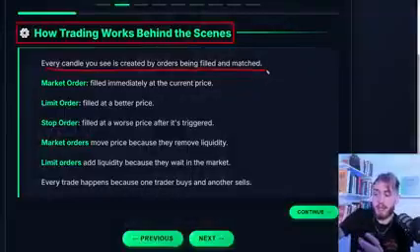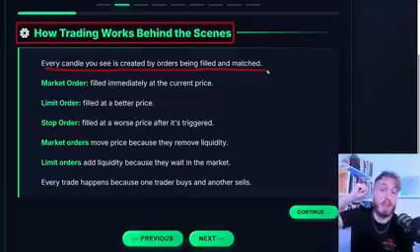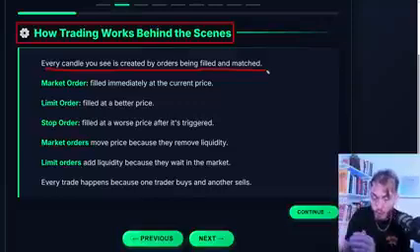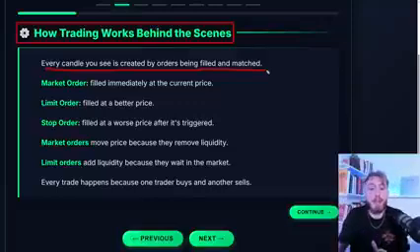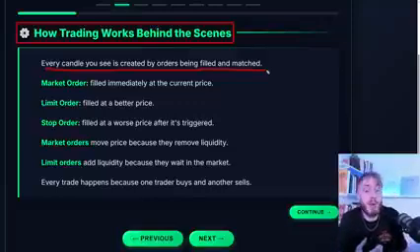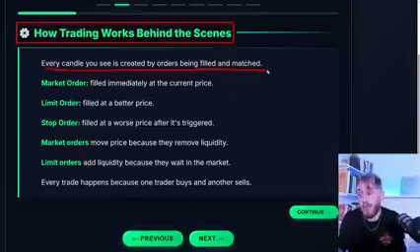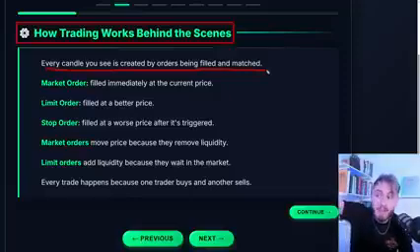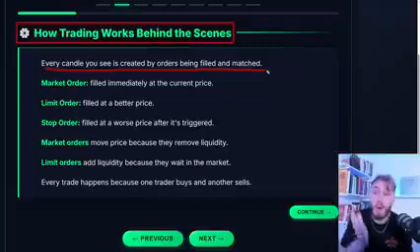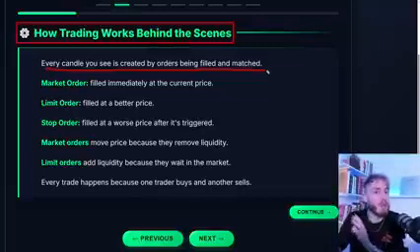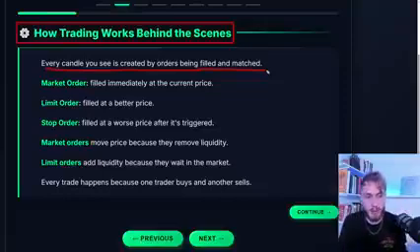All of the candles are created either by players jumping into the market and buying or selling, or by, for example, stop loss orders, where traders like you and me place an order that if the price goes down to a certain price, we will automatically sell, or if the price goes up to a certain price, we will automatically buy. These kinds of orders are also very important.